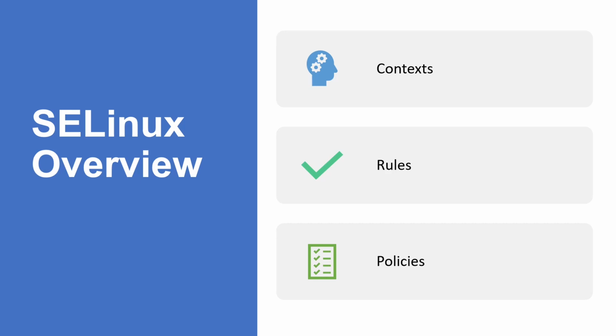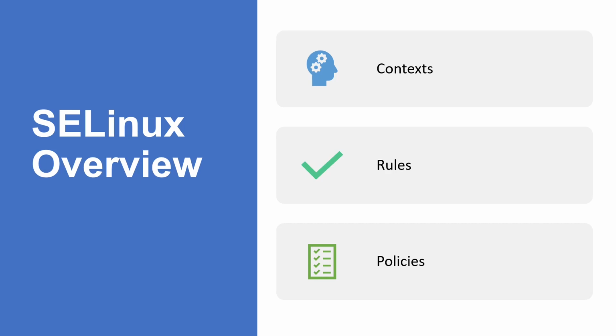Contexts, rules, policies. Contexts are labels to files, processes, and ports. Examples of context are SE Linux user, role, and type. Rules describe access control in terms of context, processes, files, ports, users, etc. Policies are a set of rules that describe what system-wide access control decisions should be made by SE Linux.